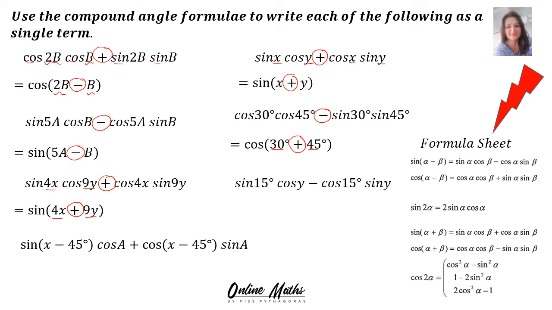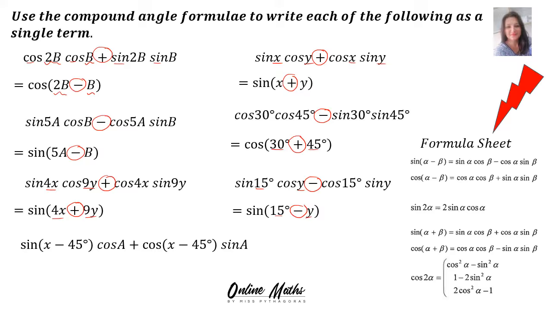Next one, pattern. Sin cos, cos sin, 15 degrees, y, 15, y. That's the compound angle for sin. And then you write down the angles, 15 and y, and a minus, because in sin the signs are the same. Last one, pattern first.